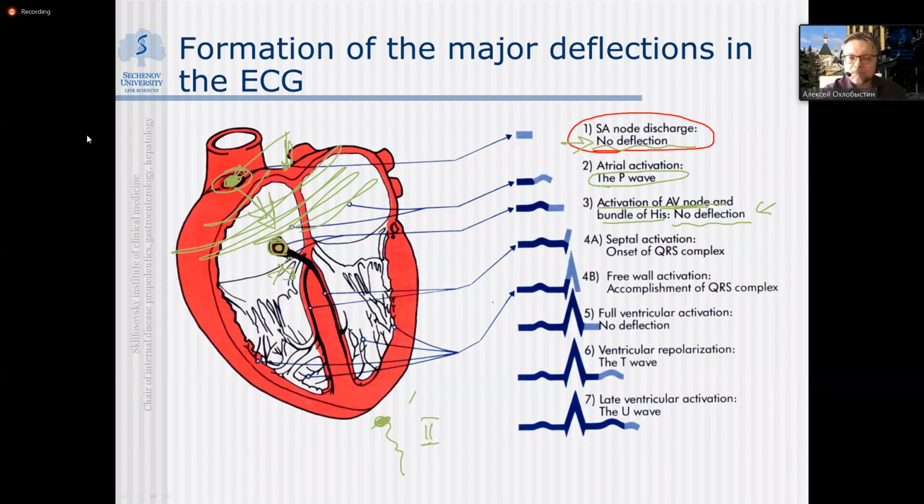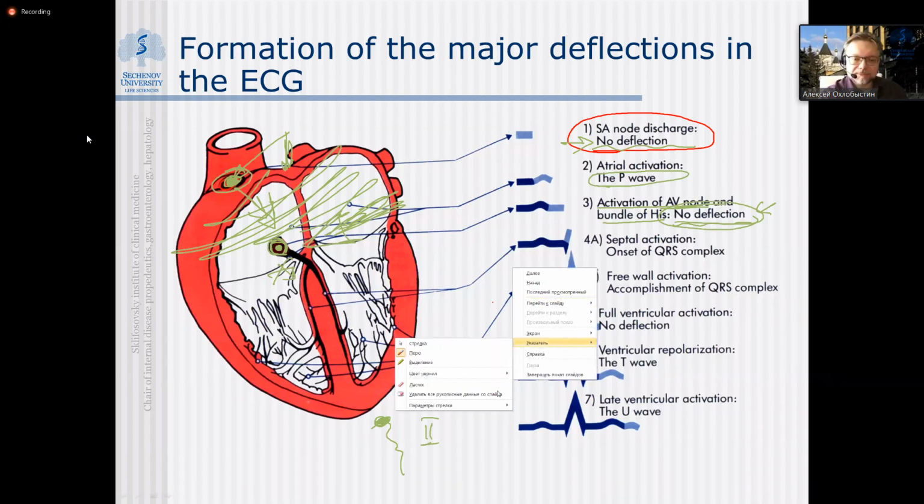But for now, we need to understand what we can obtain from that process. So when we talk about those certain cells that inhabit the AV node, the activation will have no manifestation in the ECG at all. And yes, it was a good question, by the way, concerning delay.